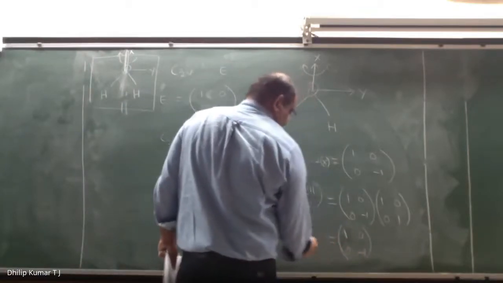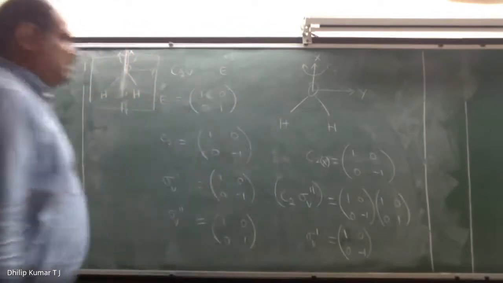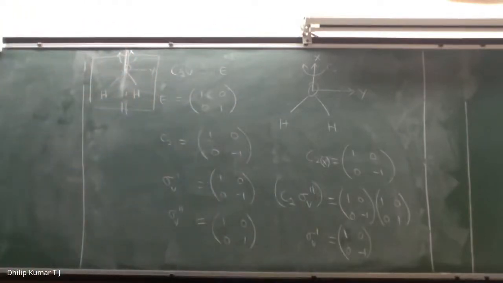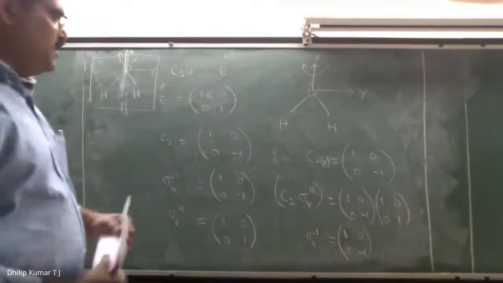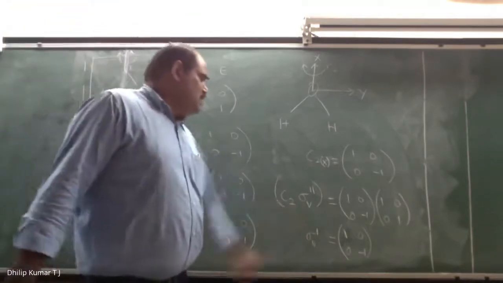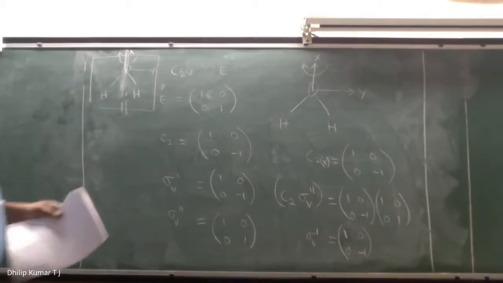So this I'm calling sigma v prime. In the group multiplication table, can you check it? What is the product of C2 and sigma double prime? We have already done this, so just check it. C2 and sigma v double prime comes to sigma v prime.